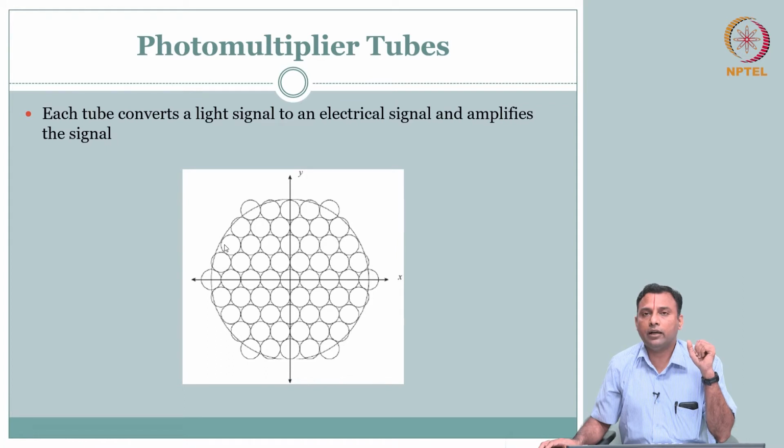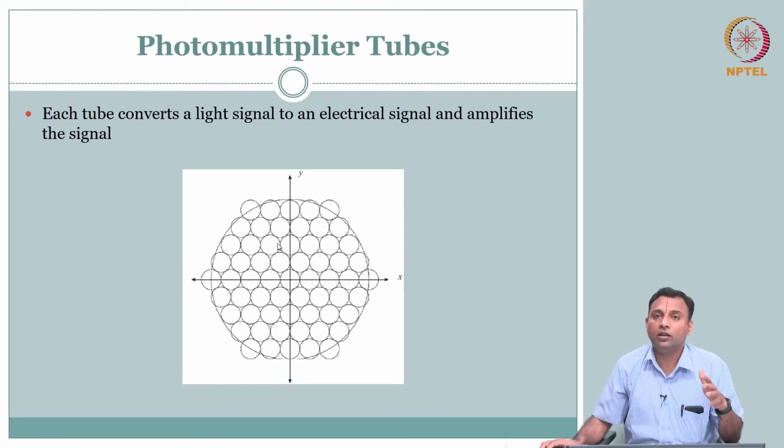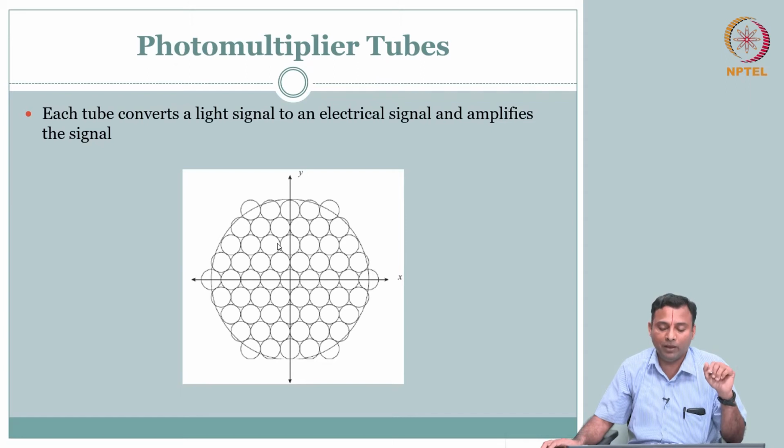In X-ray, after your crystal, instead of this photomultiplier tube, you can imagine an X-ray film, a photographic film that got exposed, and then we talked about the conversion, optical density, and so on. Here, instead of that, we have photomultiplier tubes arranged like this.